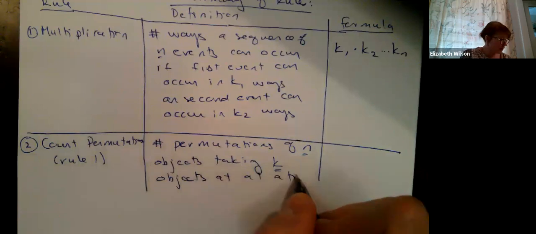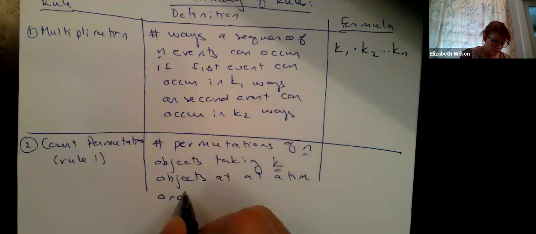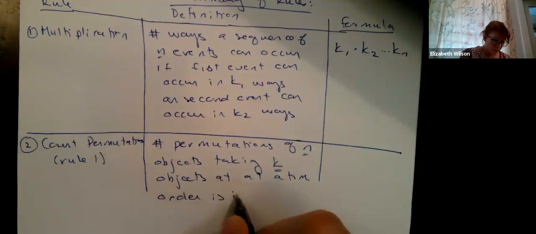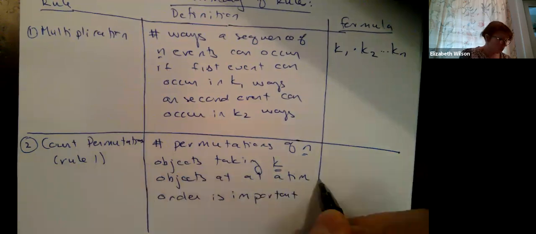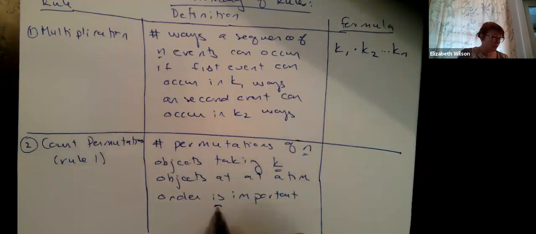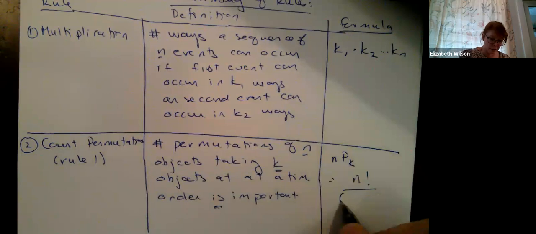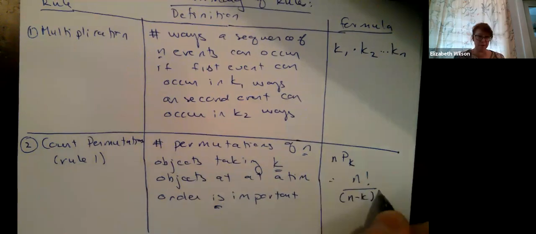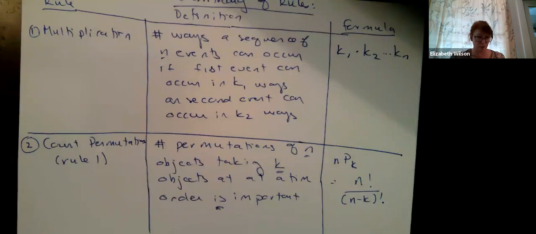In this case, order is important. This is our n permute k, which is equal to n factorial over n minus k factorial. That's our first rule of counting permutations, which was our second rule total. I'll scroll that up.